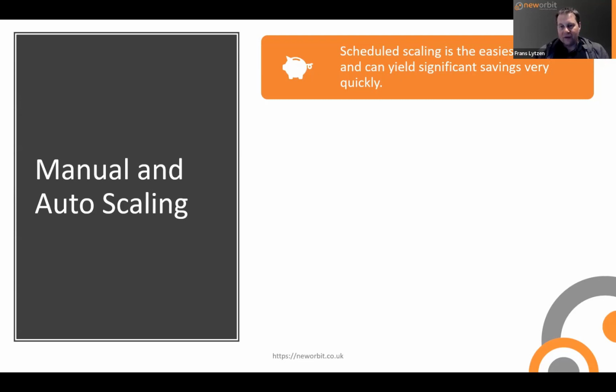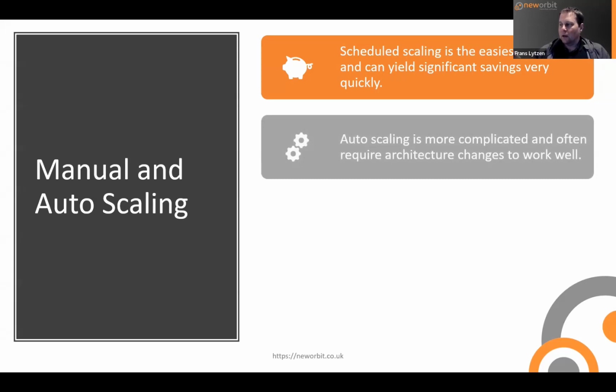That is very easy to do in most cases, assuming you have that kind of load, and it can give you really big savings very, very quickly without doing anything complicated. So start looking at that before you get clever with anything else. Just do some scheduled scaling and save a ton.